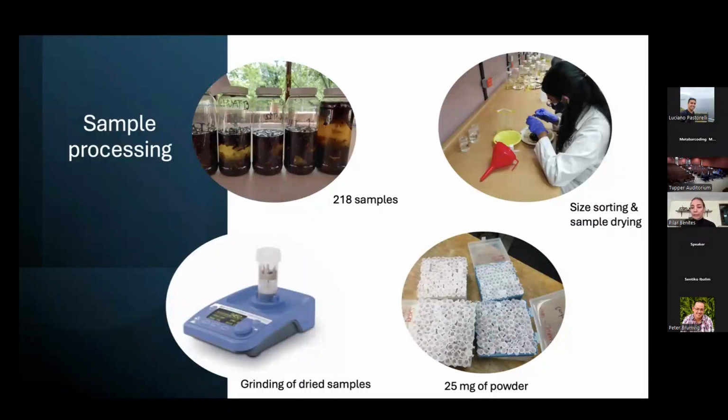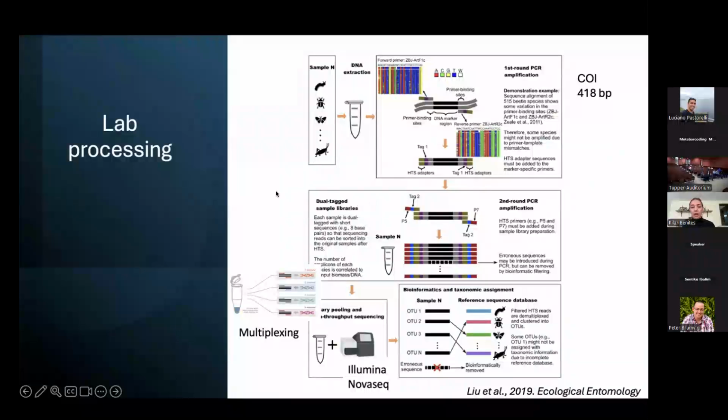Once we had our samples dried, we ground them in this grinder into fine powder, and we sampled 25 milligrams of that powder to be sent to extract DNA and PCR amplification. This image comes from Liu et al.'s paper of 2019, but it represents roughly what we did.